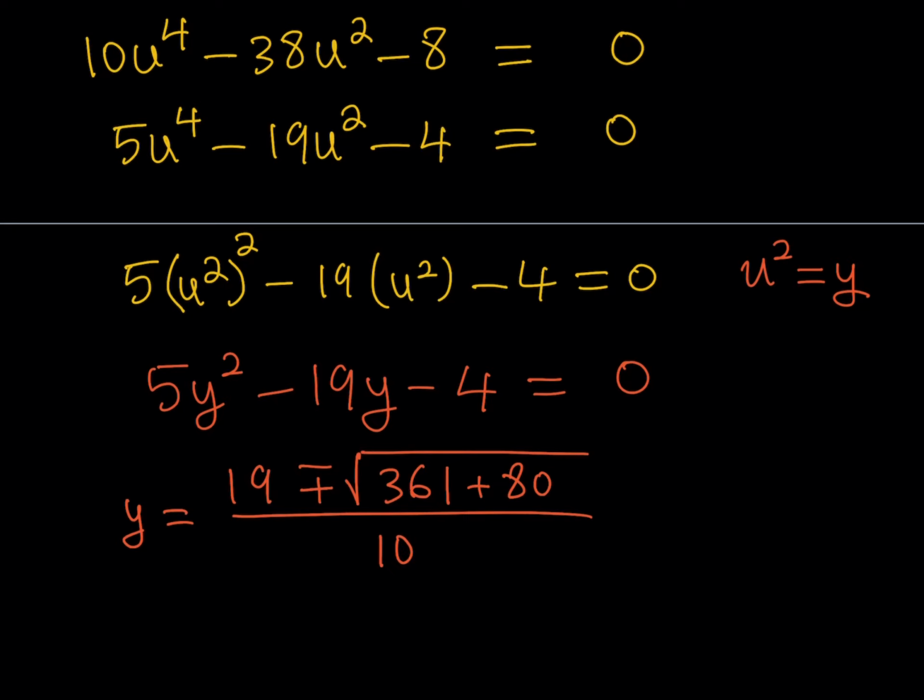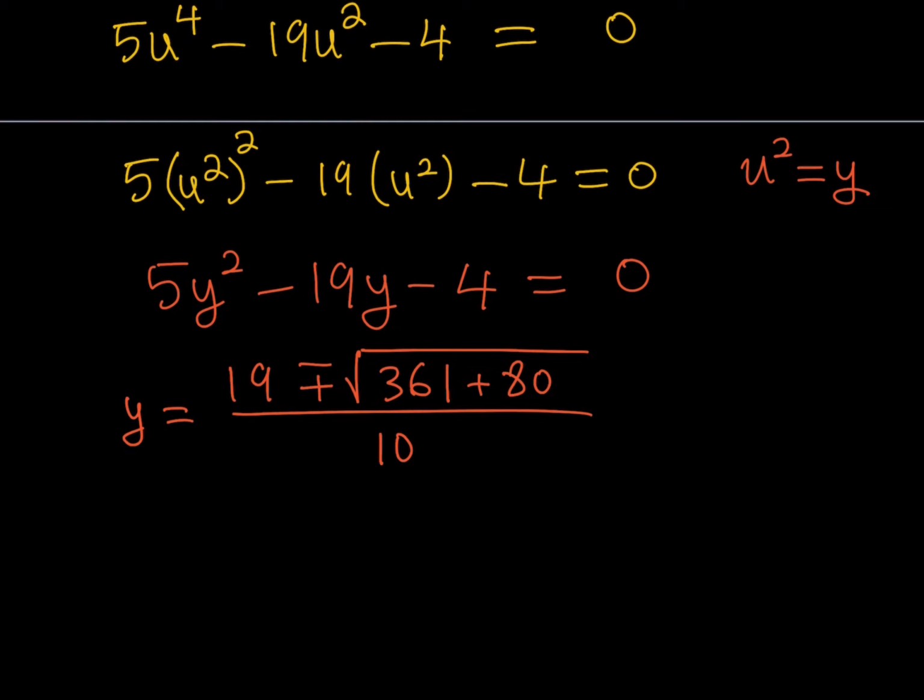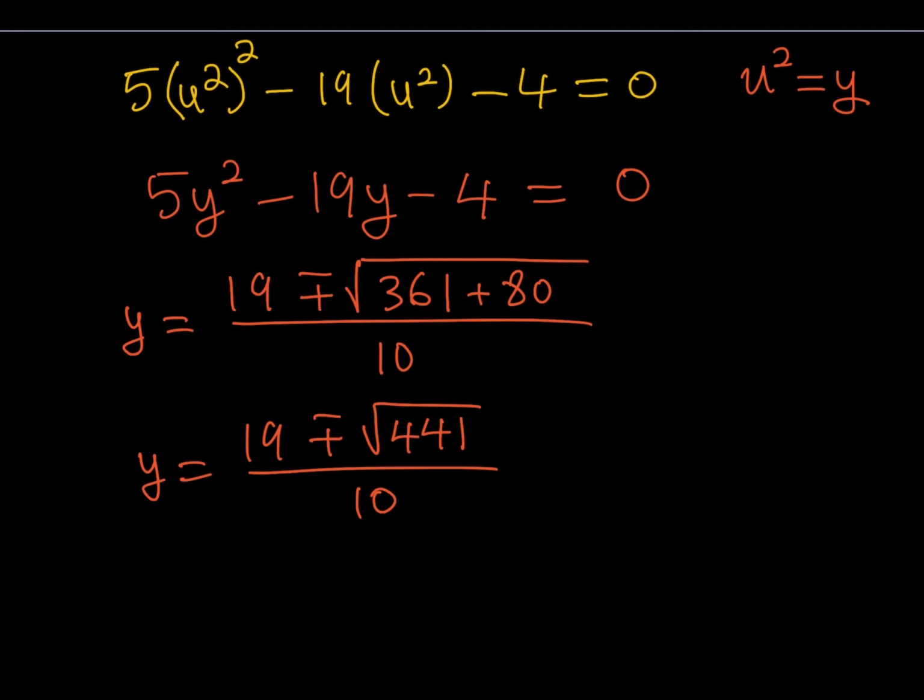Okay, cool. Let's see if this is going to simplify any more. First of all, we have to take care of the radical here. What is 361 + 80? That should be 441. That's actually a number that I remember from a long time ago. For some reason, that number just stuck with me. And 441 is 21 squared.